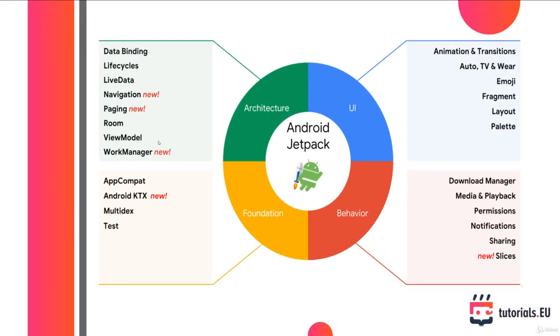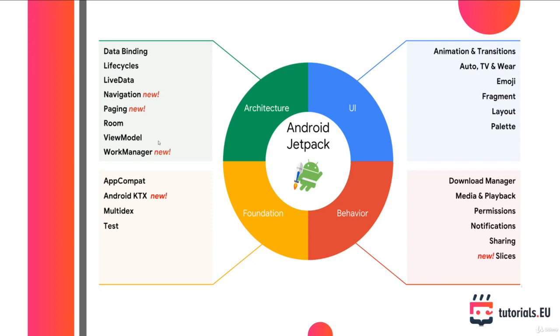And here is just a little overview of some of the different libraries that are part of the Android Jetpack suite. You can see there is a whole bunch of architecture libraries as well as for UI, behavior, and foundation. Architecture are things such as data binding or even view binding, which is the latest version of data binding that we're going to cover.